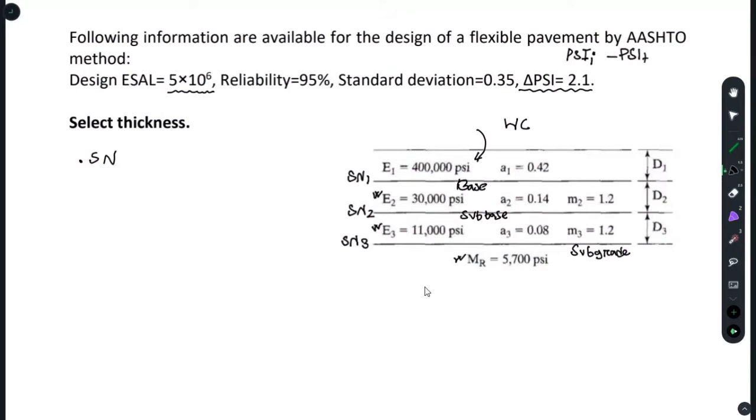So let's find out these things, that is SN1, SN2, and SN3. These are just the math part. I'm not going into the theory behind it. We'll just do the maths and show you the steps.